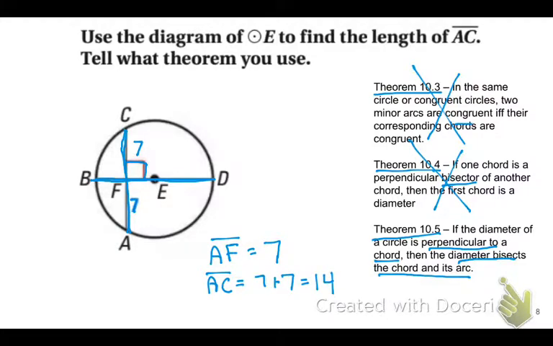So we successfully used this theorem to answer this question. We didn't try to use 3 and we didn't try to use 4 because they didn't work. So that's how you have to go through, and when you have a problem where it's asking you to find a theorem, you have to go through them and decide which one fits.